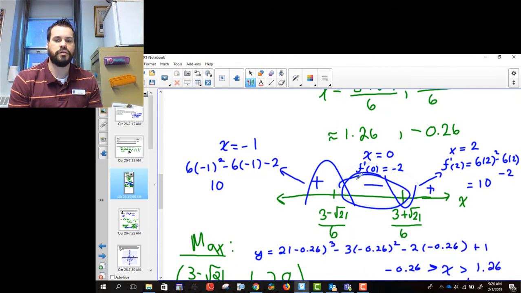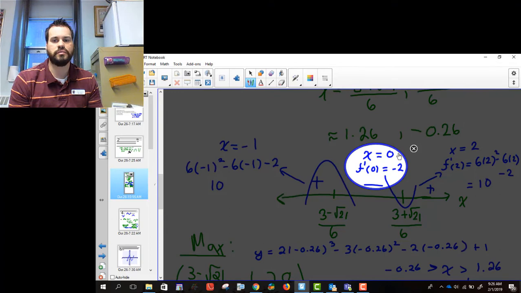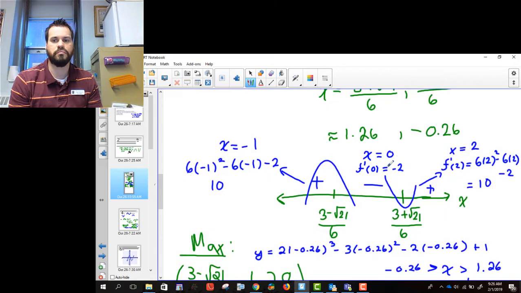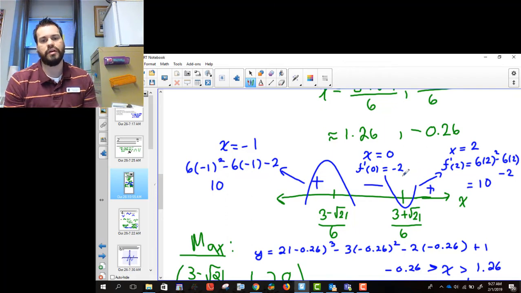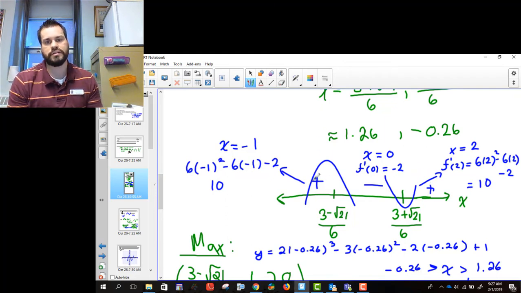I need a number in there, so I chose x equals 0. When I plug 0 into the derivative, it's minus 2. So that gave me a negative, and then I looked at a number bigger than 1.26. So I looked at 2, plugged 2 into the derivative, and I got 10 again, so it was positive. So what that told me was the derivative goes plus, minus, plus.